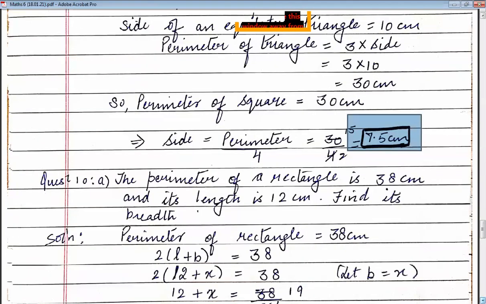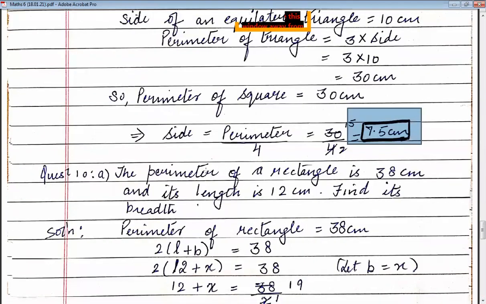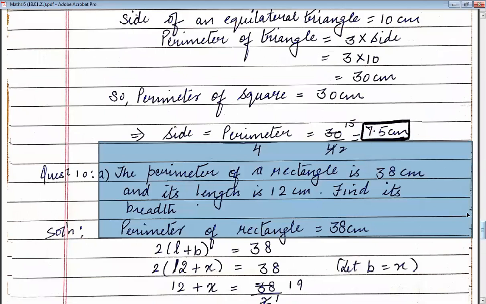Now, in question number 10, you are given with the perimeter of a rectangle. What is the perimeter of the rectangle? 38 centimeter. And what else is given in the question? That is length 12 centimeter, perimeter 38, length 12.